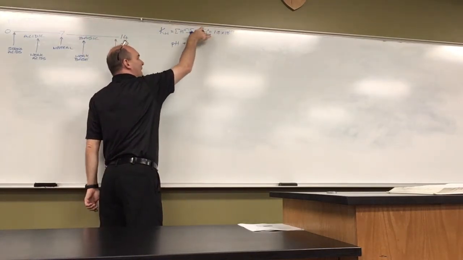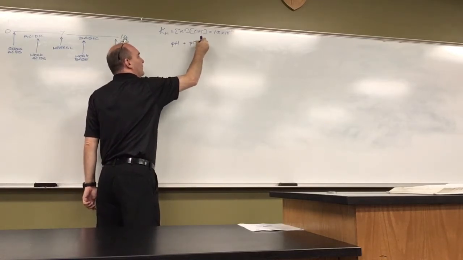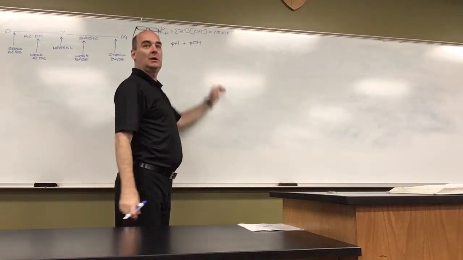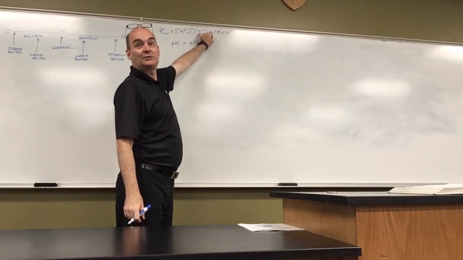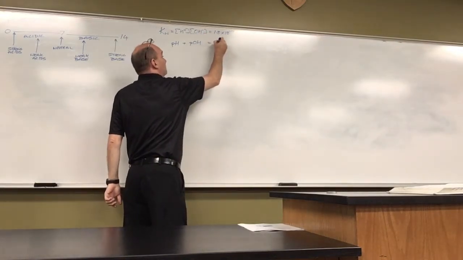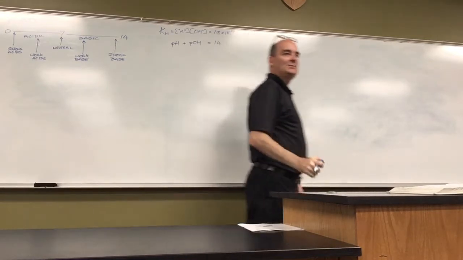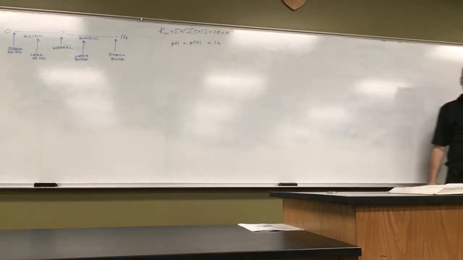If I did the same mathematical function for the OH, I would also turn 1.0 times 10 to the negative 7 into a 7. So pH plus pOH now equals 14.